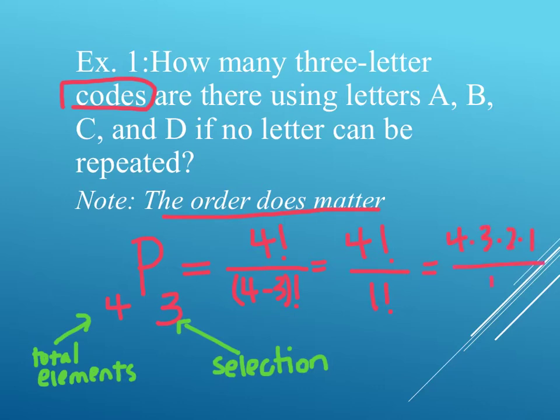And so that gives me 4 times 3 is 12, 12 times 2 is 24, which is exactly what we got when we did the tree diagram. And also please note to the side that 0 factorial is equal to 1.